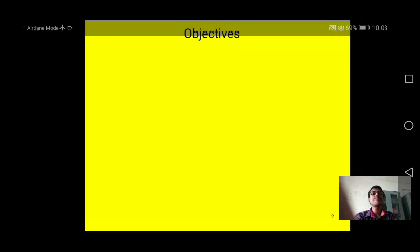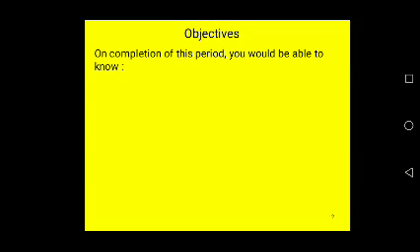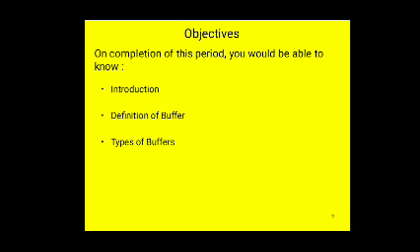Objectives. On the completion of this period, you would be able to know the introduction of buffer solutions, definition of buffer solution, types of buffer solutions, action of buffer solutions.